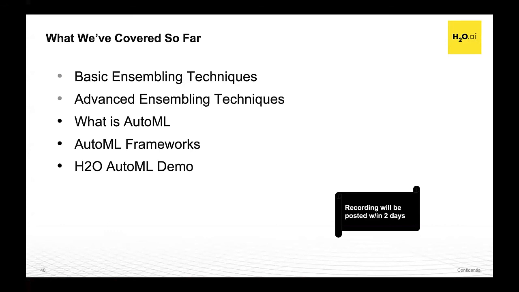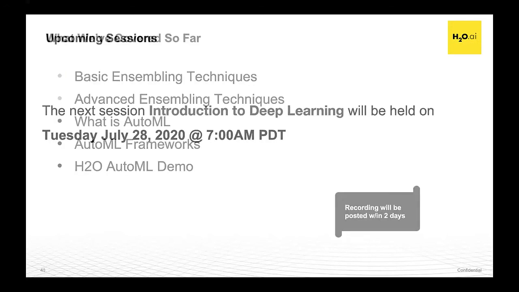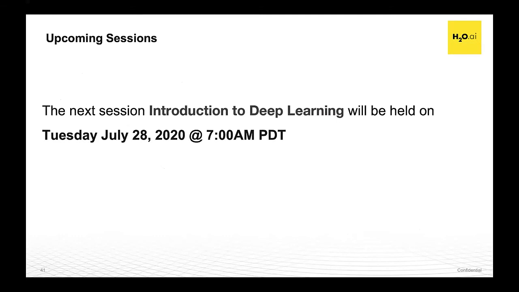Then in the second part of the session, we looked at what automated machine learning was, what are the tools in the market, and what were the different frameworks, and why AutoML is today called the next wave of machine learning. And then we quickly saw a demonstration of an open source library called H2O's AutoML to work through a machine learning problem. So with this, I finish the machine learning module.